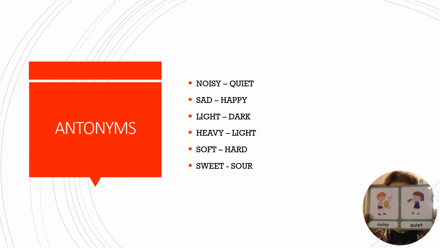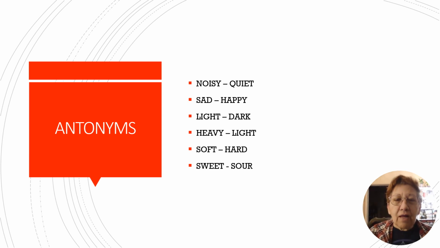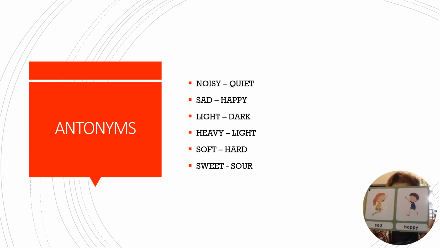Making noise. See? Very good. Then we have sad and happy. On the sad side, we're going to see the girl crying. And on the happy side, we see the boy jumping up and down and clapping his hands. Can you see that? Very good.